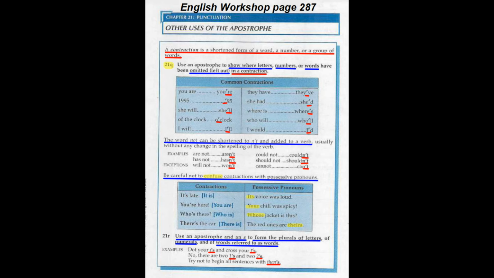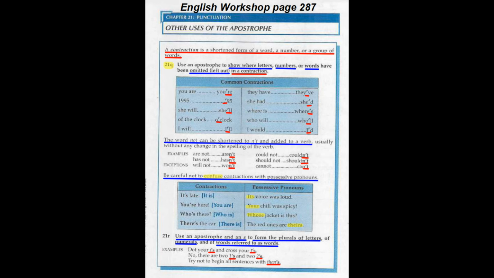Your chili was spicy, the chili belongs to the person you. Who's there? Who is there? Whose jacket is this? Whose, the jacket belongs to someone. There's the car. There is the car. Then the next line, the red one is, the red ones are theirs. The cars belong to them.